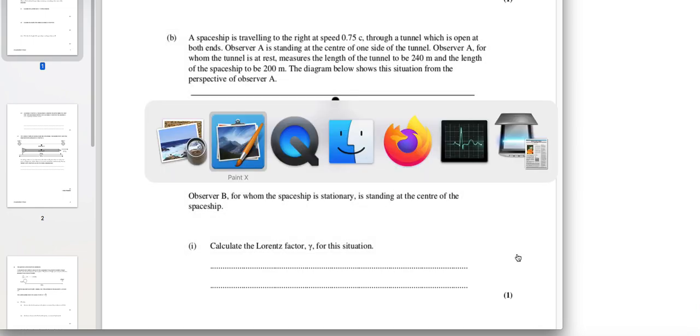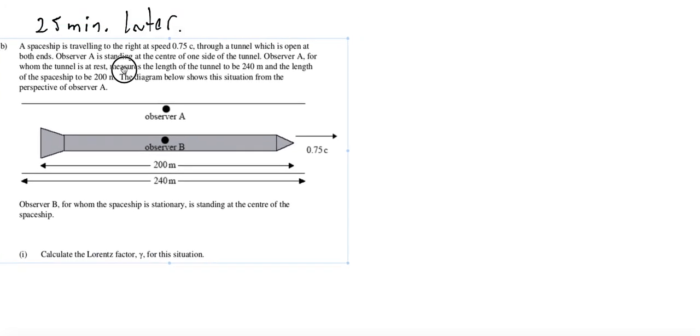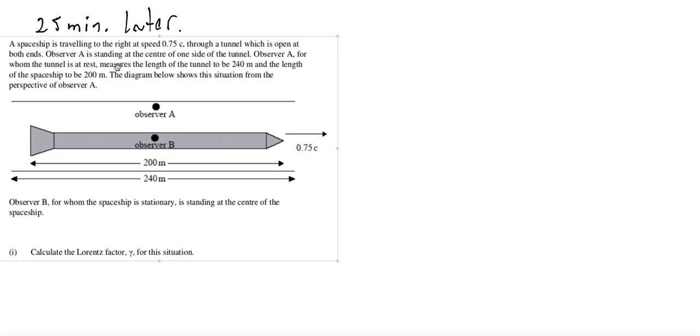Let me copy this to a new file here. Okay, so exercise number 1B. A spaceship is traveling to the right with a speed of 0.75 c through a tunnel which is open at both ends. Observer A is standing at the center of one side of the tunnel. Observer A, for whom the tunnel is stationary, measures the length of the tunnel to be 240 meters and the length of the spaceship to be 200 meters.